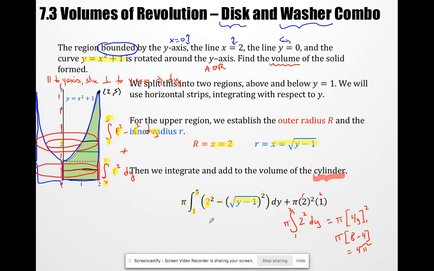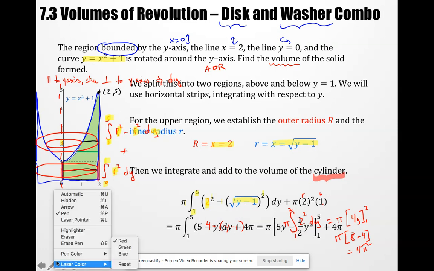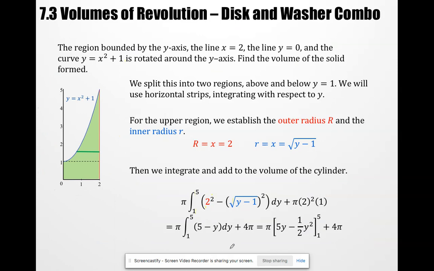Now this over here, 4 minus the square root of y minus 1 squared is just y minus 1. So it's 4 minus 1 and minus y and then minus 1. I think I typed this out. Here's my cylinder, whether I got it with calculus or just recognizing I had a cylinder. This was very easy. This is also easy to integrate, 5y minus y squared over 2. And I ended up with 12 pi.